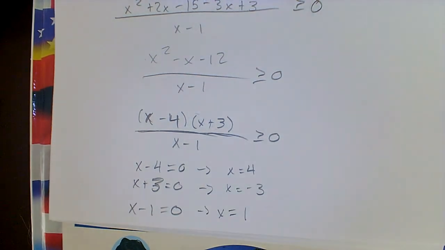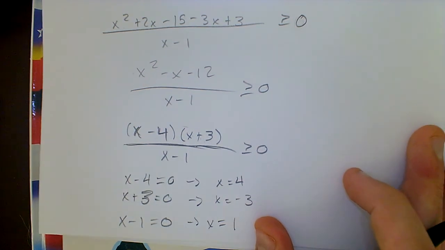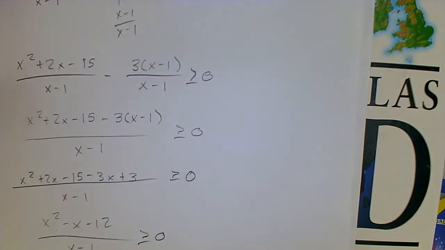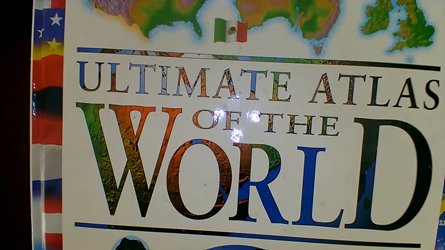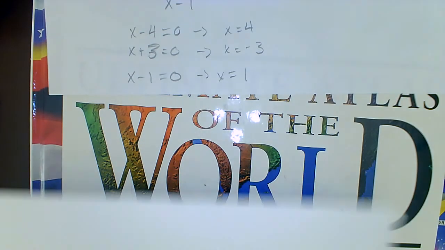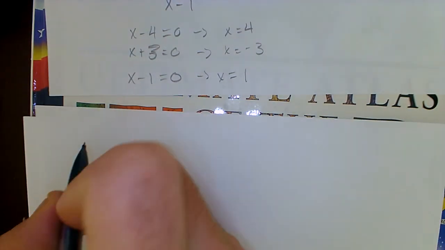Okay, so those are our interval points where we need to break up our number line. Let's continue. So those are the numbers that we need.